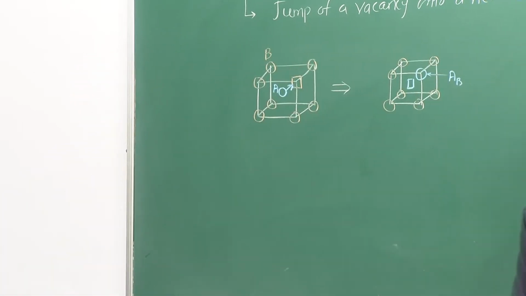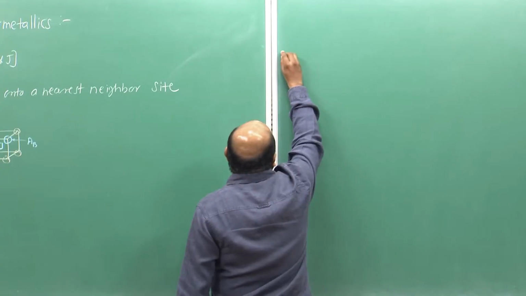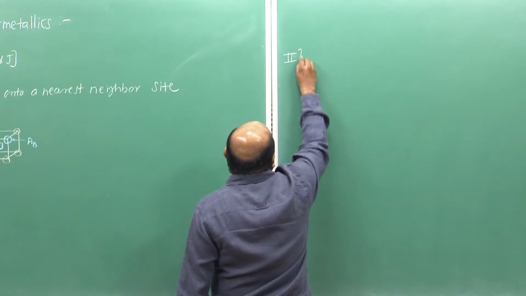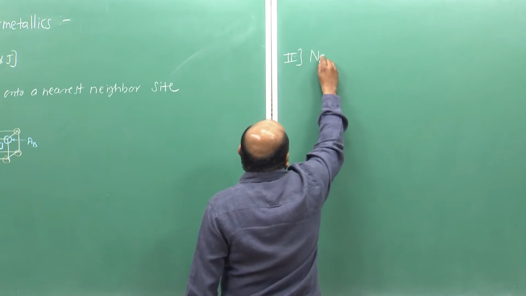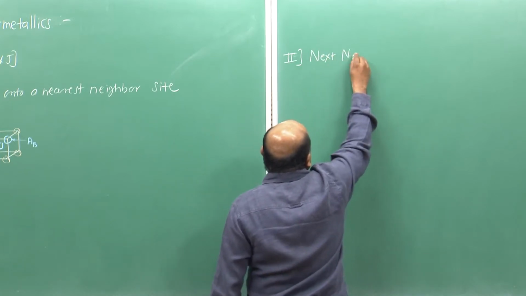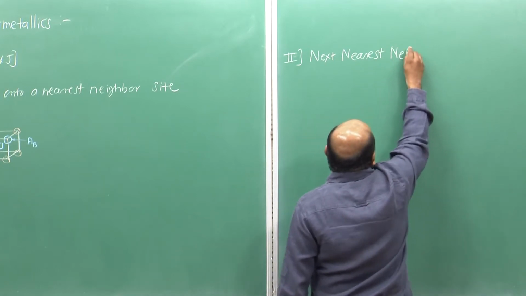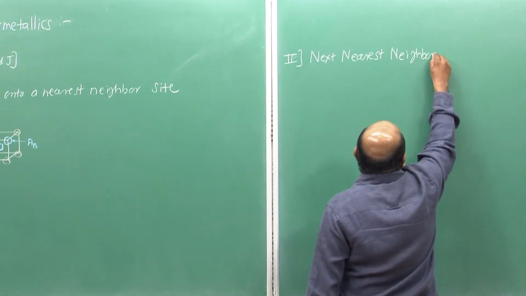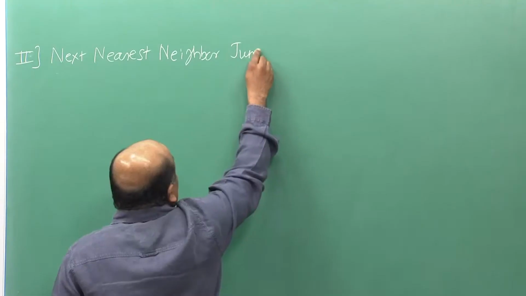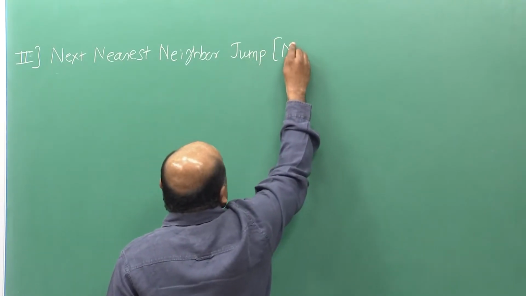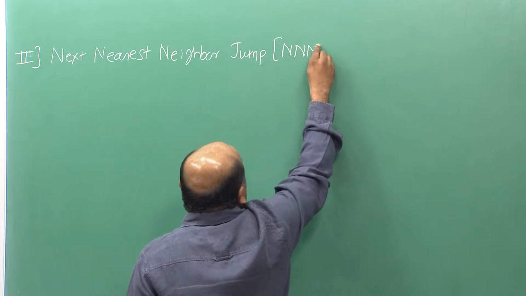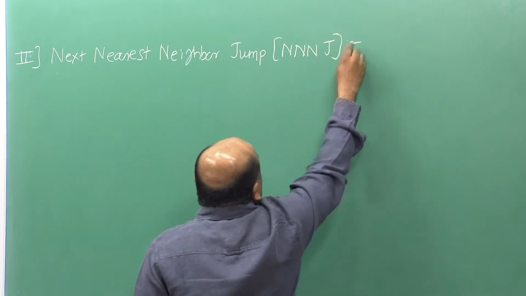So, the second mechanism is next nearest neighbor jump, or in short denoted as triple NJ.